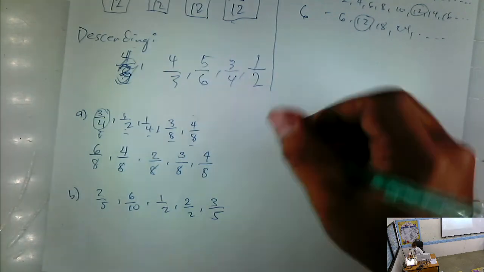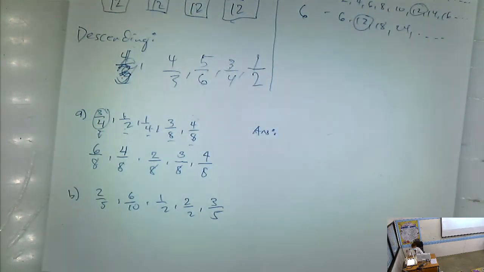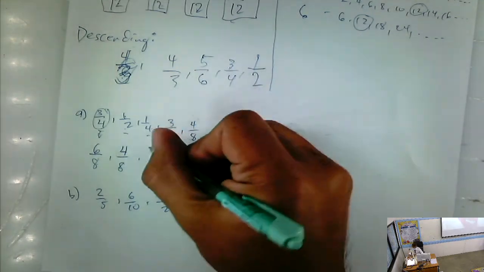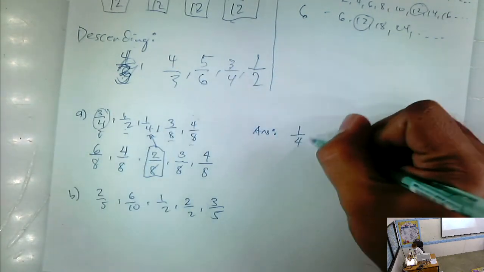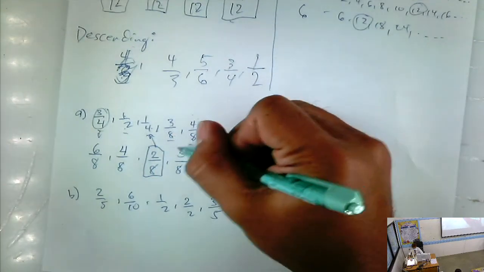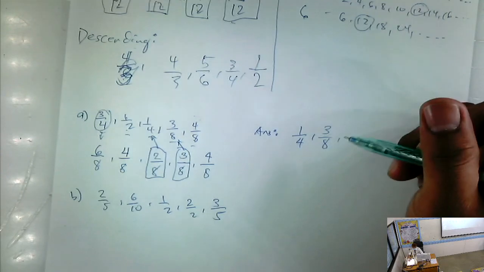Now, we can just arrange this, okay? The answer. What's the answer? Ascending, smallest to highest. So, we have here 2 over 4, which is 1 over 2. What's the next one? 3 over 8. The next one?